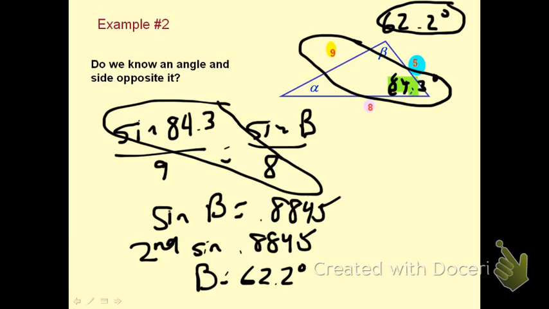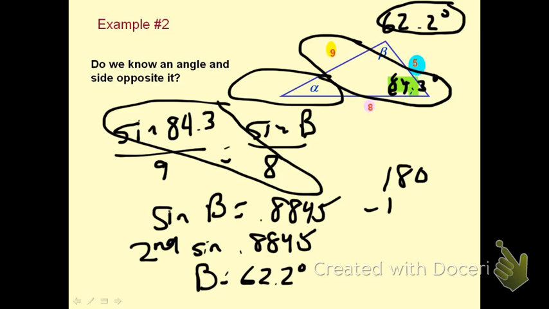So that's that angle. And then to get the last angle, angle A, I'm just going to subtract from 180. So if I add 84.3 plus the 62.2, that gives me 146.5.